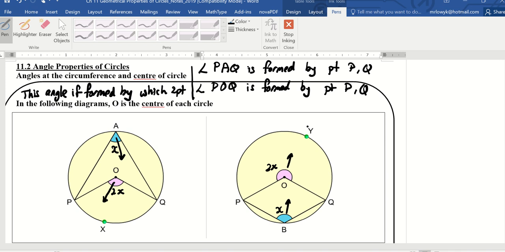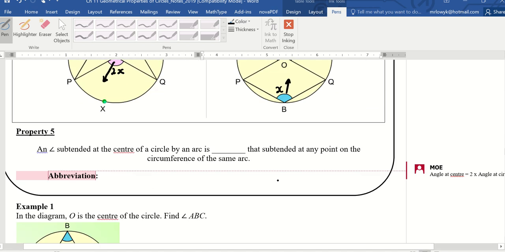Okay? Good, good. So, now you will listen again in secondary school. Now, the property for this, you have to write out the reason. And this is the reason. An angle at the center is twice that subtended at any point of the circumference of the same arc.